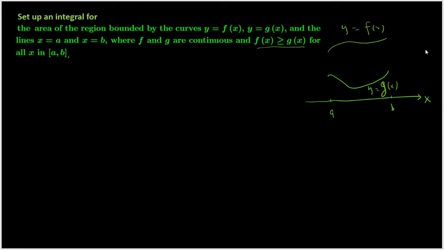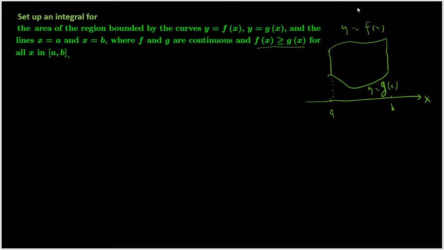Two curves, a top curve and a bottom curve, together with two vertical lines, enclose a plane region. The plane region is something like that. I will draw a dotted line here, probably. You have another line, the vertical line x equals b.